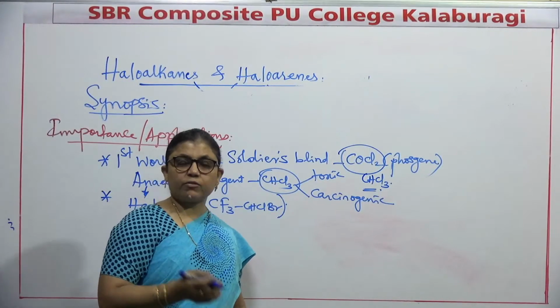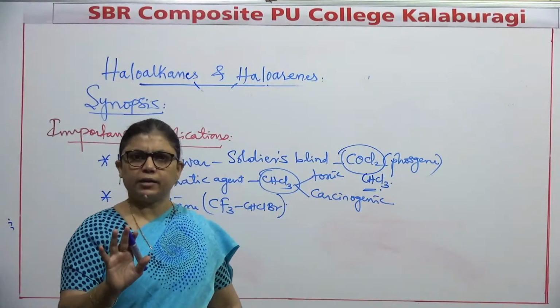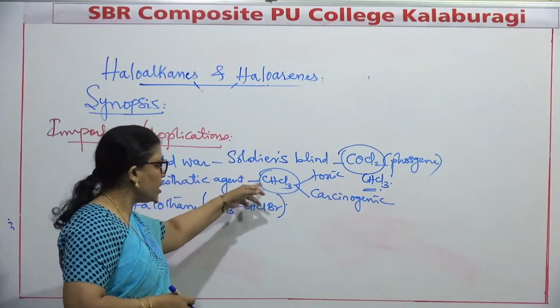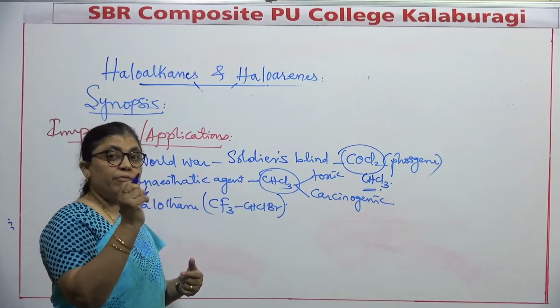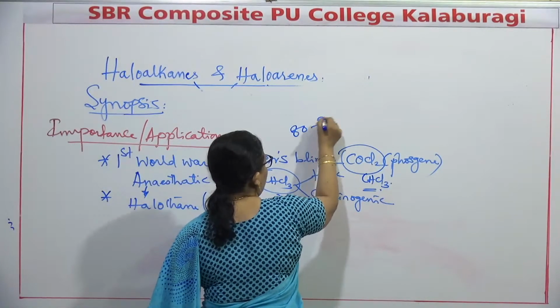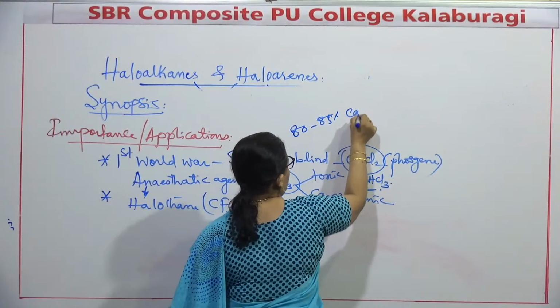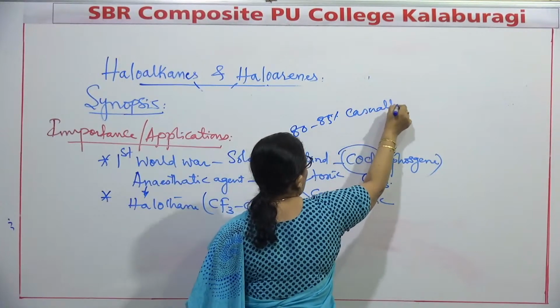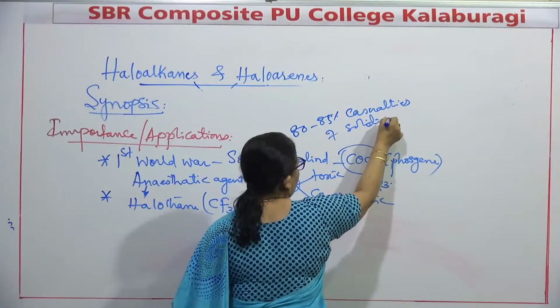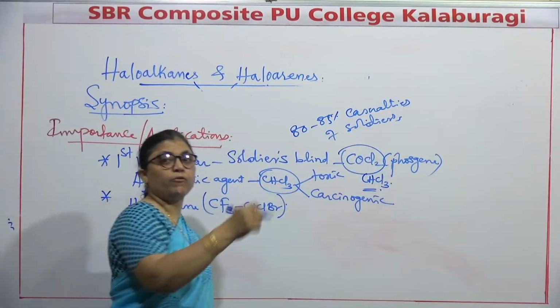The First World War was around 1918, as per my knowledge. During that war, around 80 to 85% of the casualties of soldiers were due to blindness caused by phosgene.